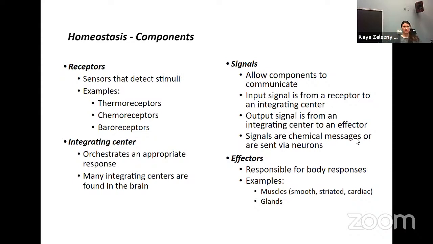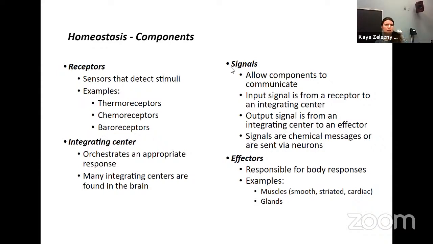Here it is written out as definitions, if anyone's a big flashcard fan. The receptors are going to detect stimuli. So we have thermoreceptors for temperature. Thermo means temperature. Chemoreceptors, chemo for chemical, so like chemical concentrations. Baroreceptors, like a barometer, means pressure.